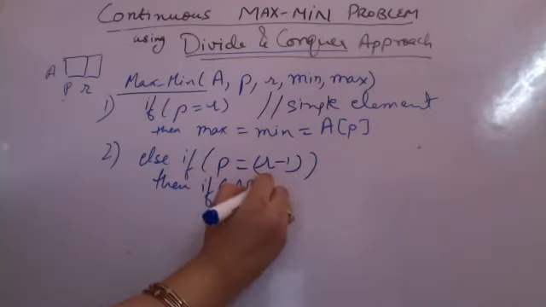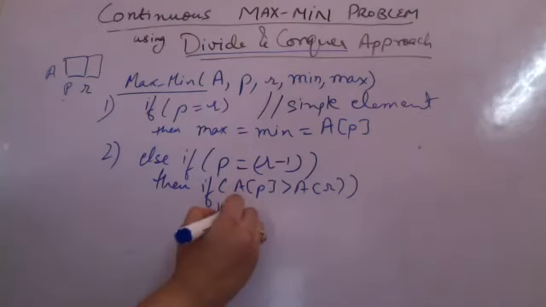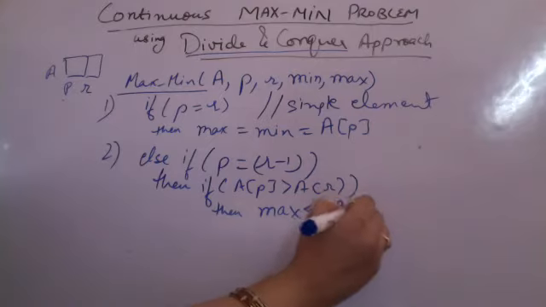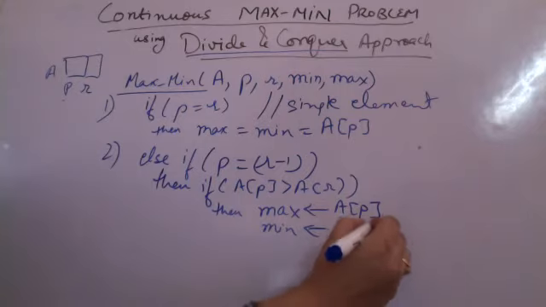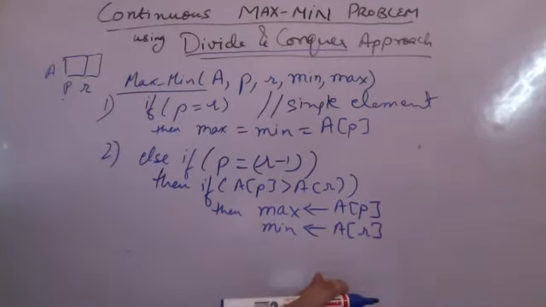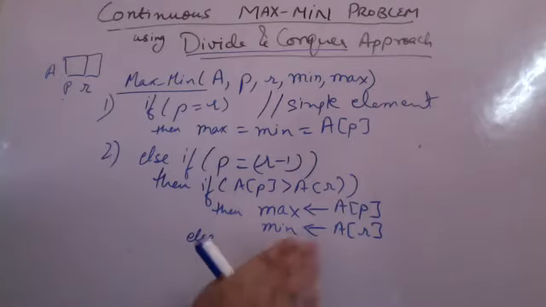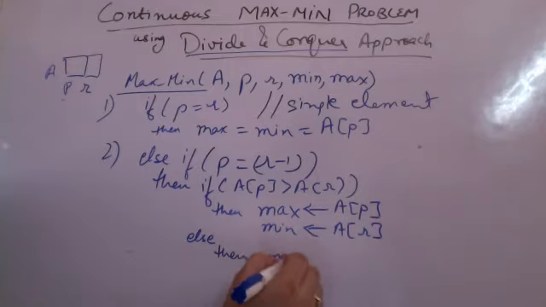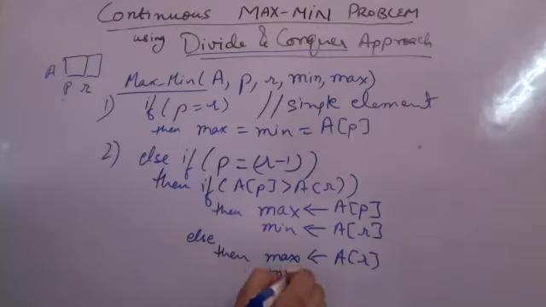If the first element is greater than the second element, then maximum is the first element and minimum is the second element. Else, if the first element is not greater, that means the second would be greater. Else, maximum is the second element and minimum is the first element.